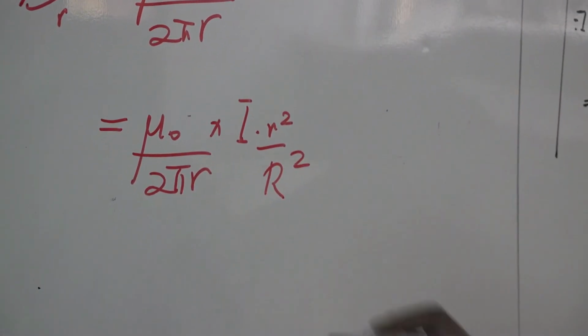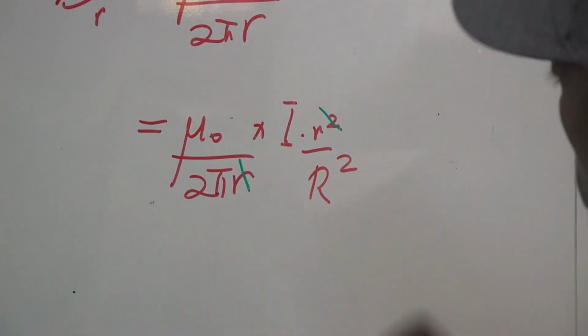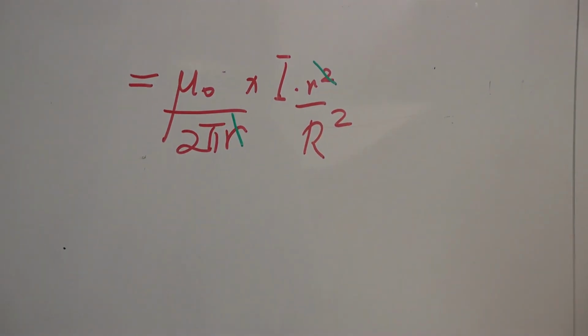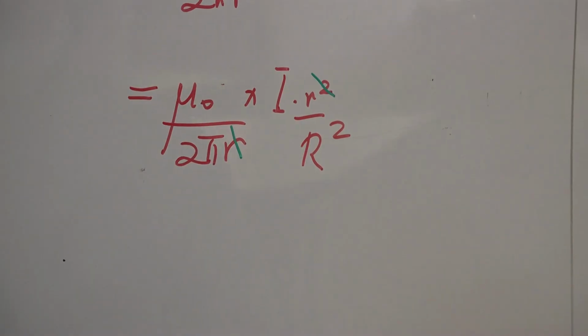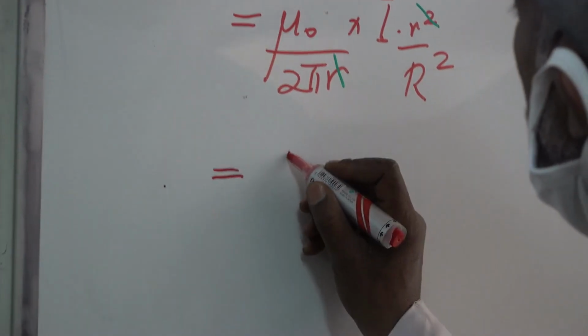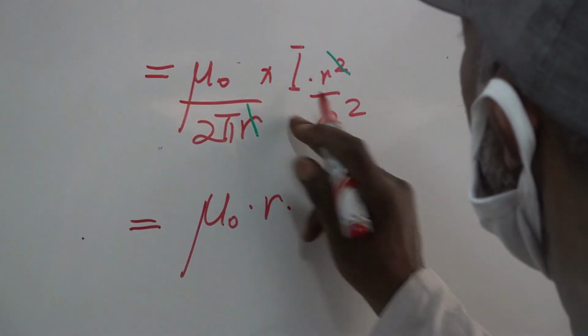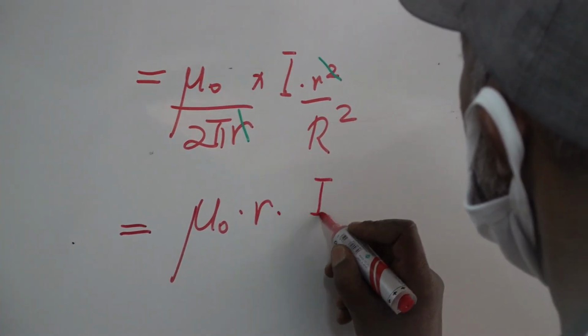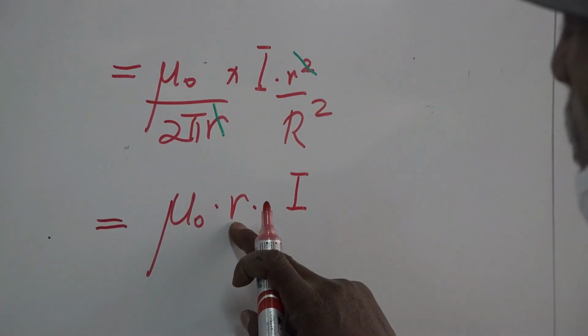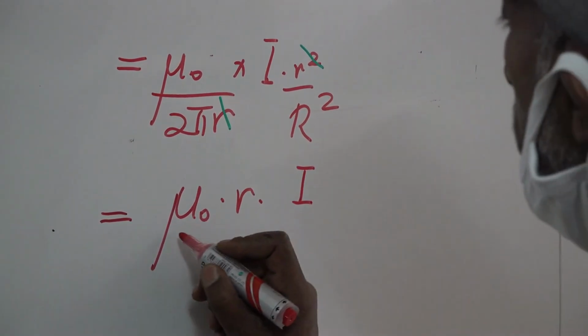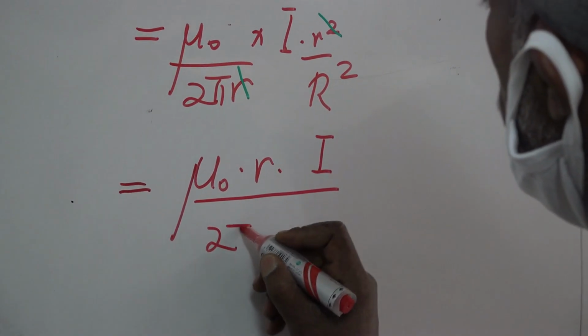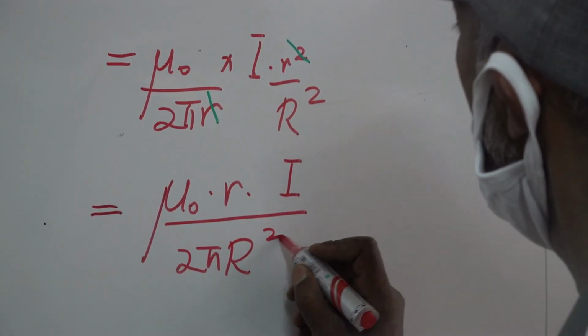Now you can see that this small r cancels one of the r's over here. And at any distance then, B equals mu 0 times I, the total current, which is a constant. What can change is only your distance from the center of the wire, divided by 2 pi R squared.